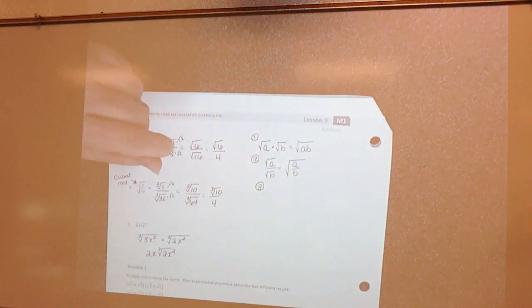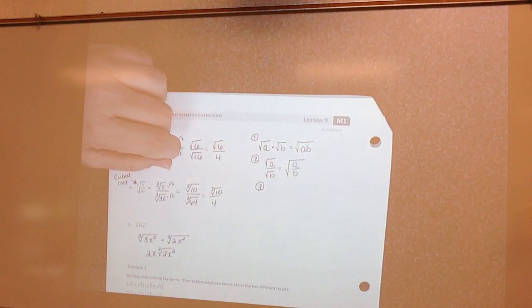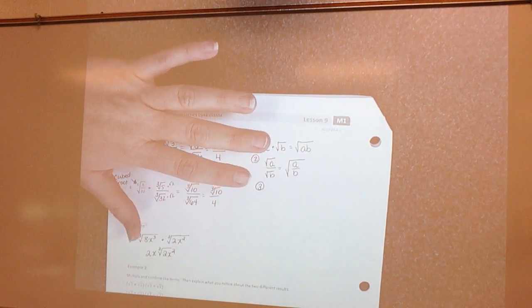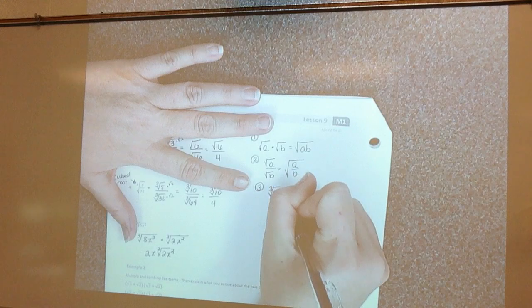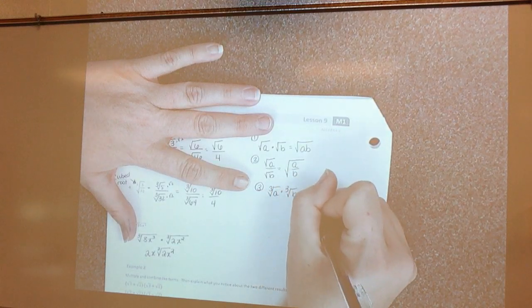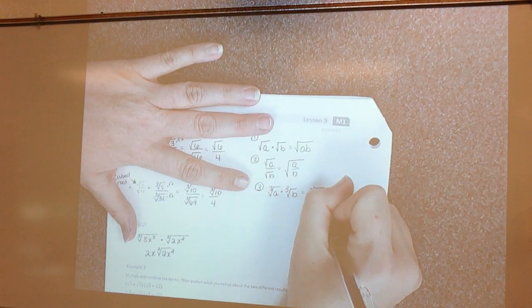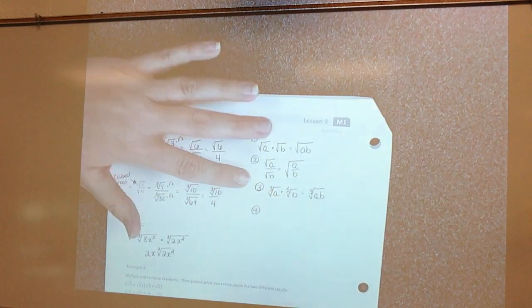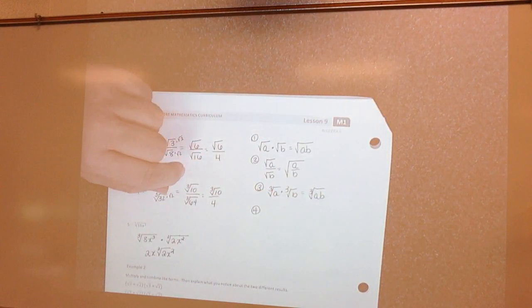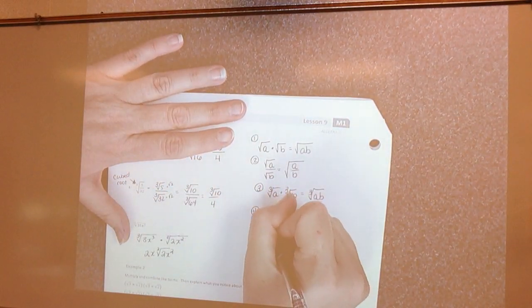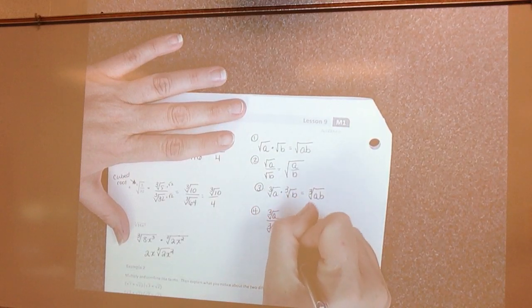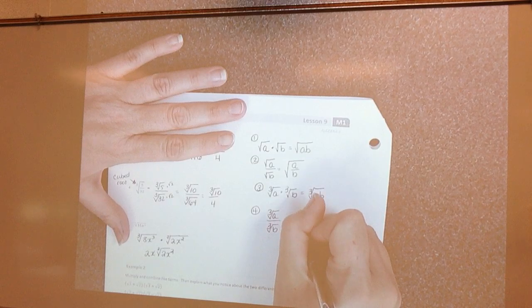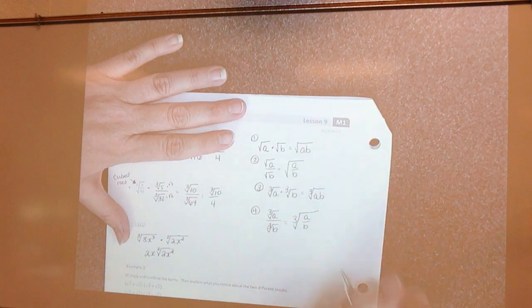Third, the cubed root of a times the cubed root of b gives me the cubed root of ab. And the fourth property was the cubed root of a divided by the cubed root of b gives me the cubed root of a over b.